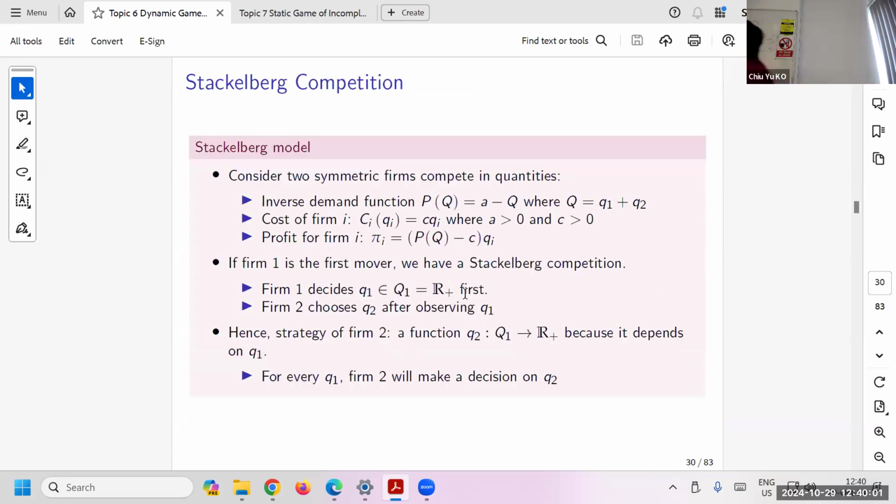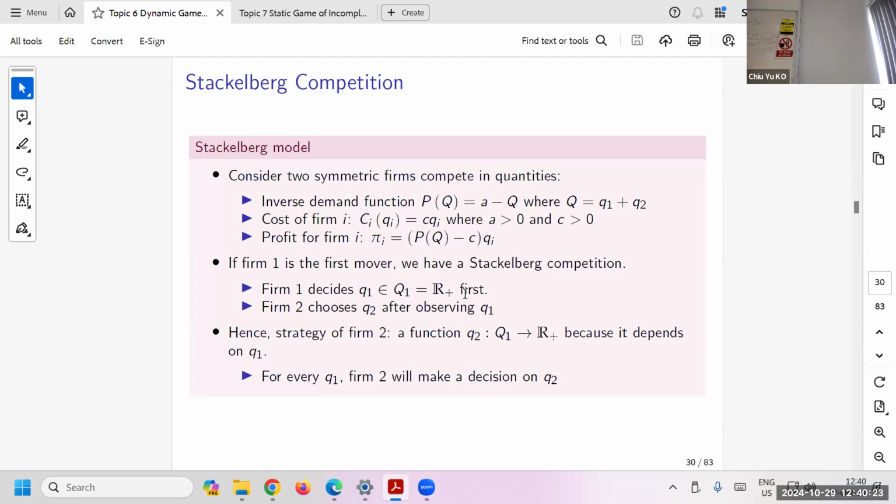I guess this is a very common and famous game which you will use a lot. It's called the Stackelberg game. Basically one firm is a leader who decides first, and the others are followers. Of course, you can allow multiple leaders and multiple followers; there's no problem in this framework.